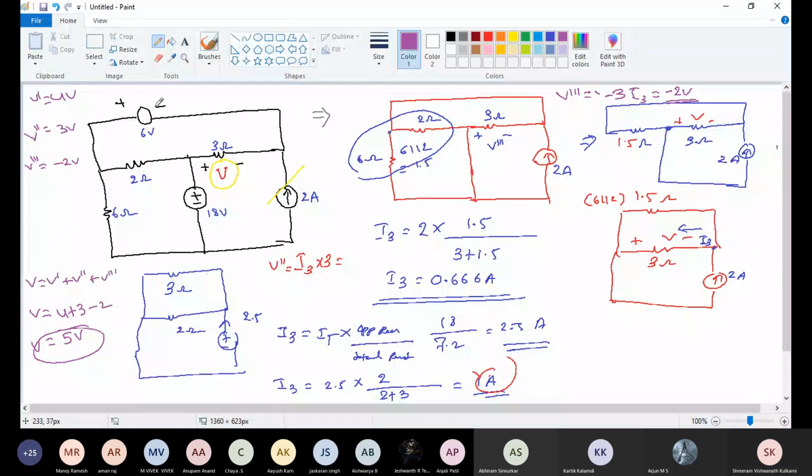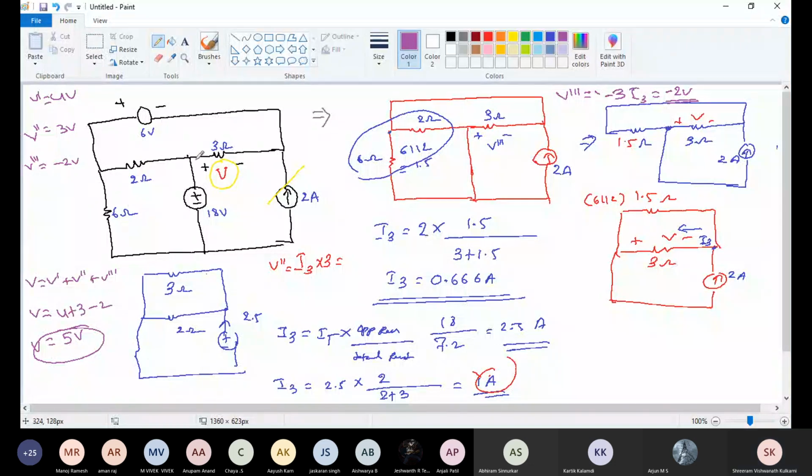Here, considering only the 6 volt source, the voltage drop across the 3 ohm resistance is 4 volt. If I consider 18 volt only, then I get 3 volts across the 3 ohm. If I consider only the 2 ampere, then the voltage drop across the 3 ohm is minus 2.